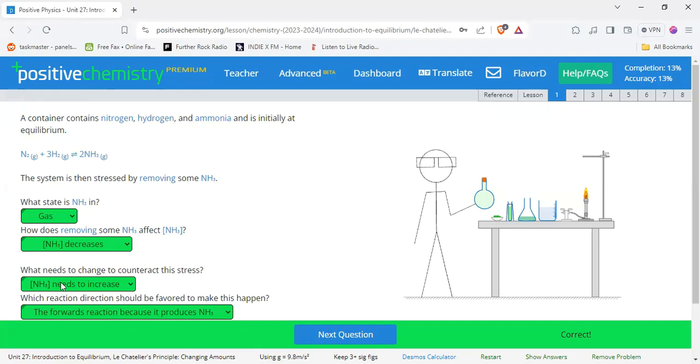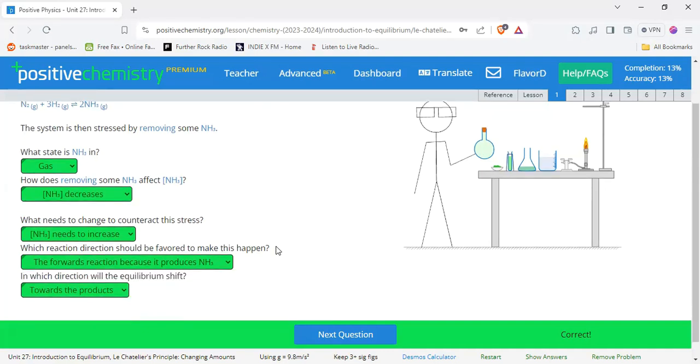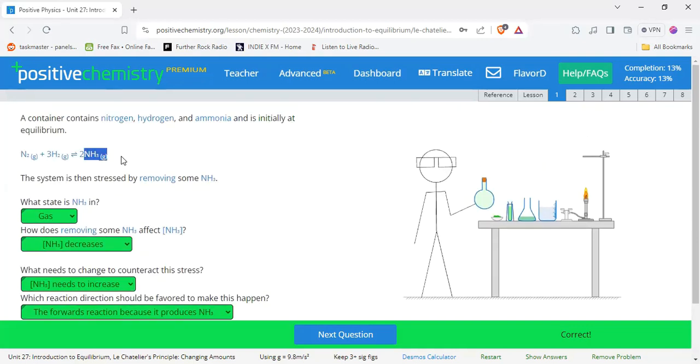So the NH3 needs to increase. And to make more of this, the forward reaction should be favored to produce more NH3. It'll make more of the right side than the left side for a moment until we all settle back down to an equilibrium. And of course, that would be shifted toward the products, toward the right side.